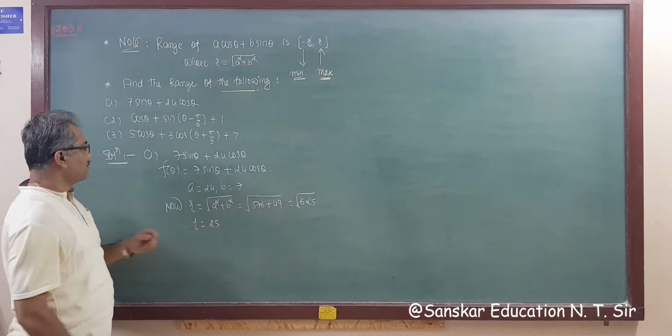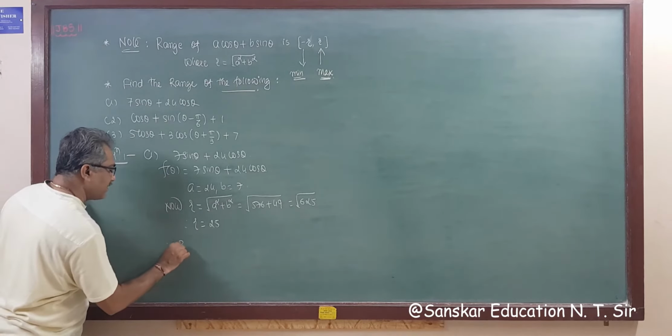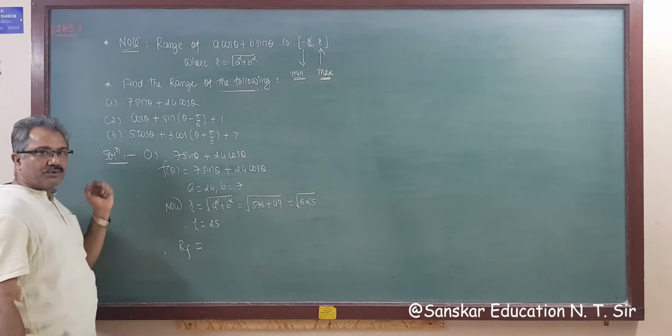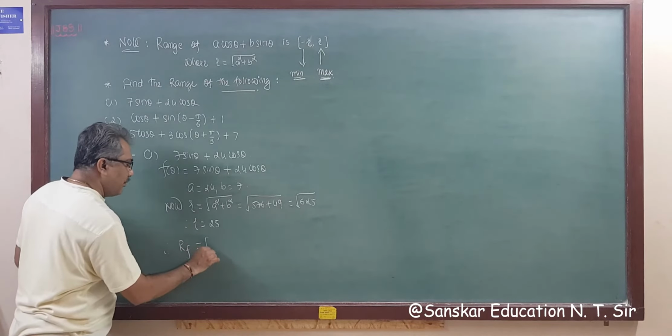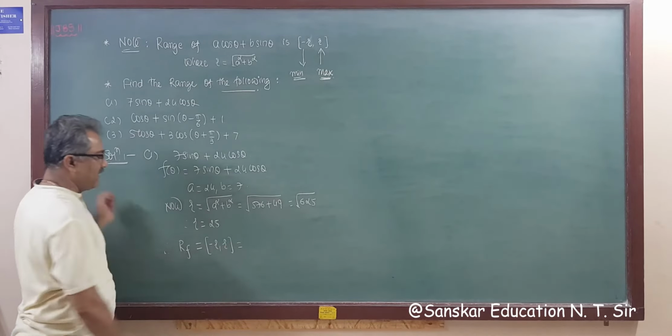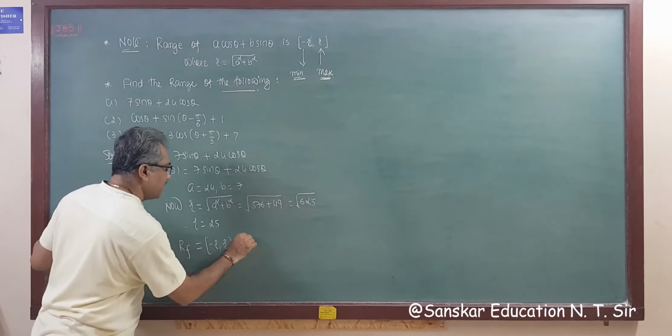So therefore the range of f, this is a symbol we use in functions, is equal to minus r to r, that is minus 25 to plus 25.